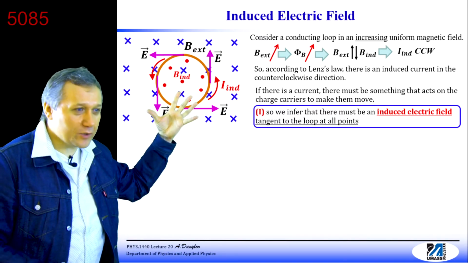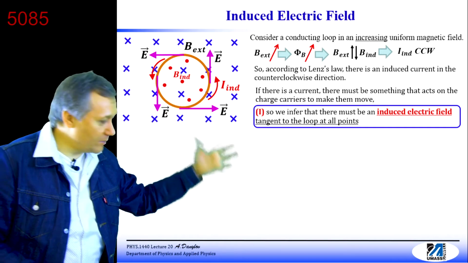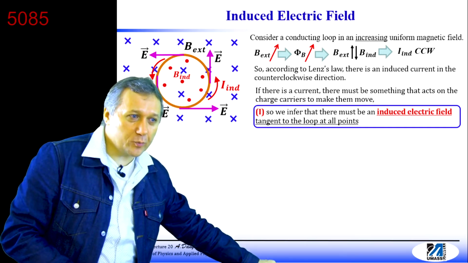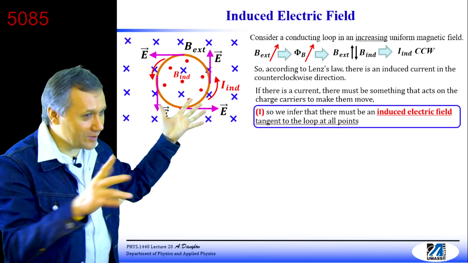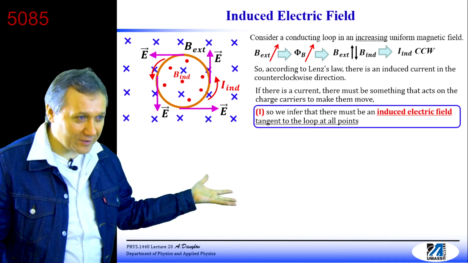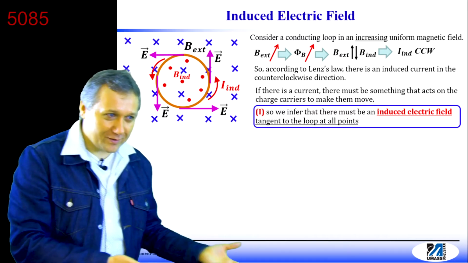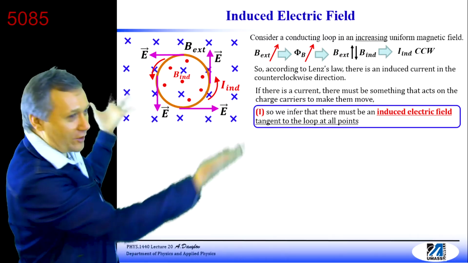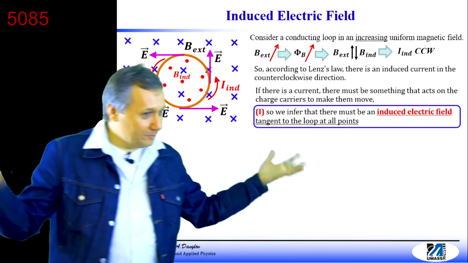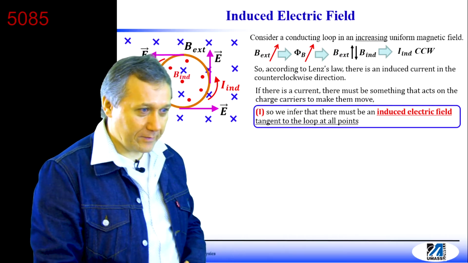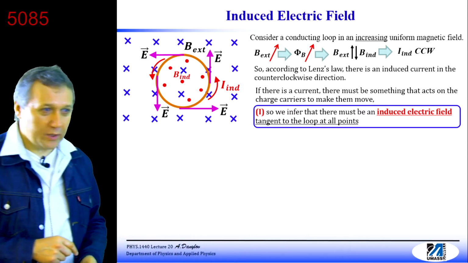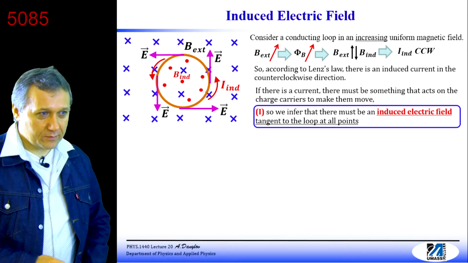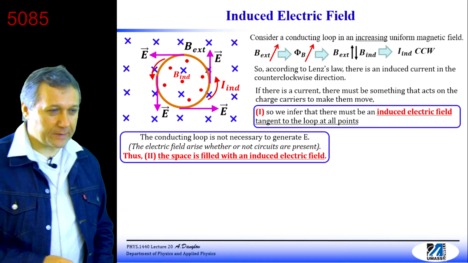And the induced electric field will be here, it doesn't matter if you have a conducting loop in the system or not. But of course, current can exist only if there is a conducting loop, right? You understand? Current is a drift of charges. You must have charges, right? If you don't have charges in the system, then there's nothing to drift. Okay, so this step, as I promised to you, is not obvious, right? So you just need to trust me, right?